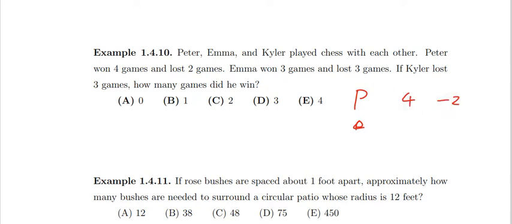And Emma won 3, negative 3. And for K, if K lost 3 games, how many did he win?